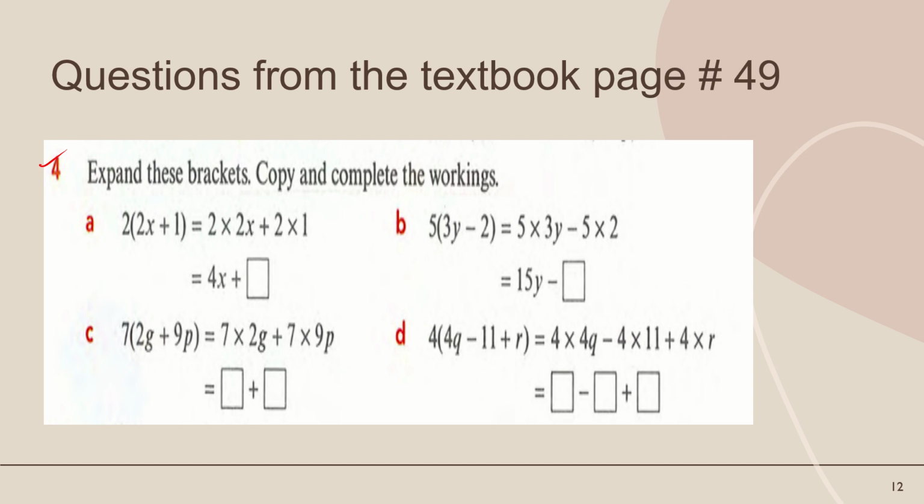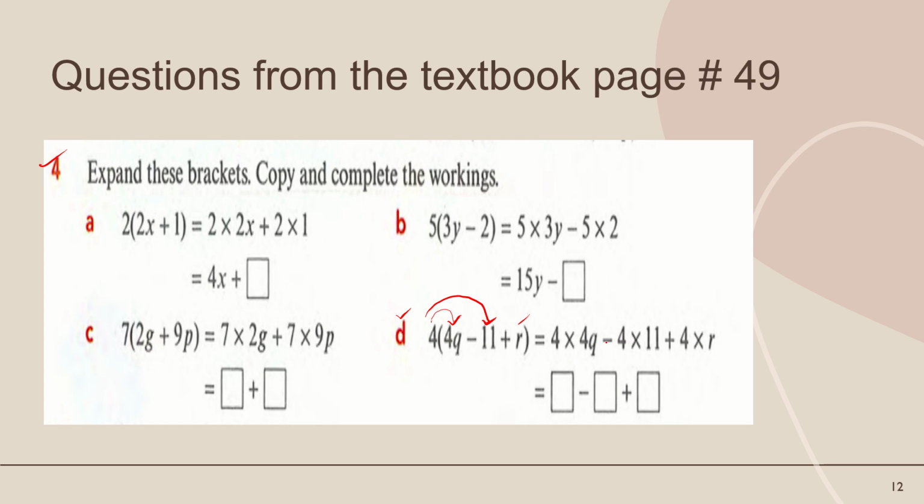I will solve only one or two brackets. For example, let's suppose I solve part D. Three values are given in the brackets. Start from 4 into 4 cube. Then use the arc for the second: 4 into 11.